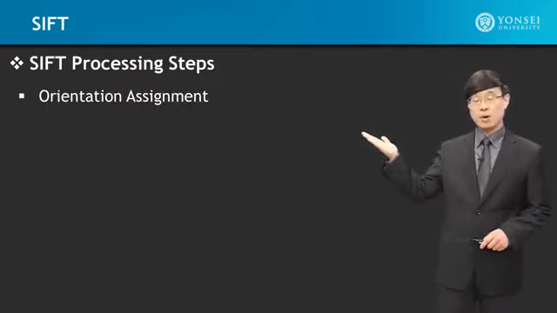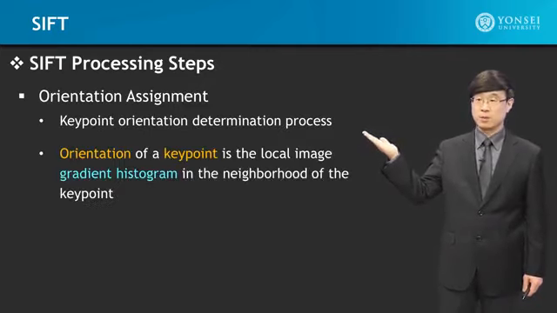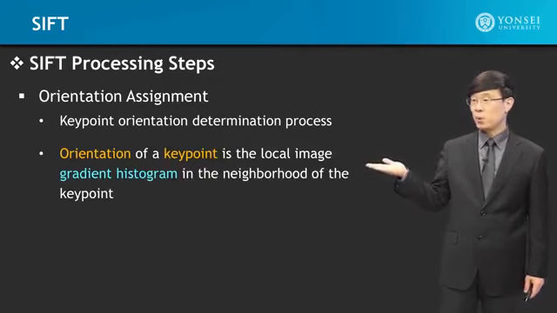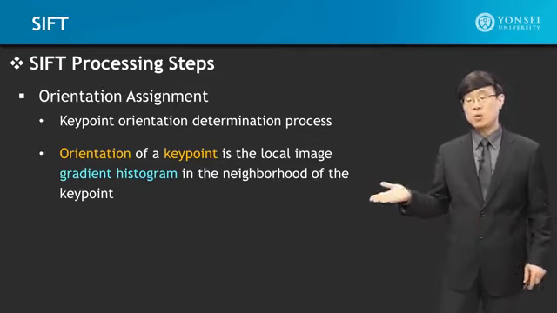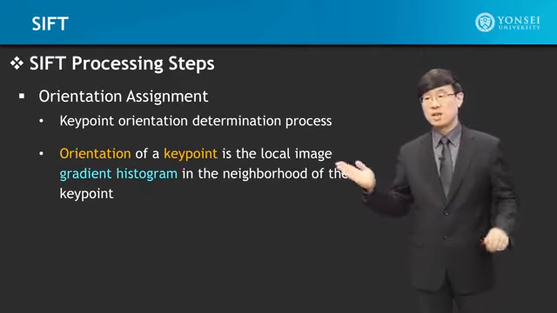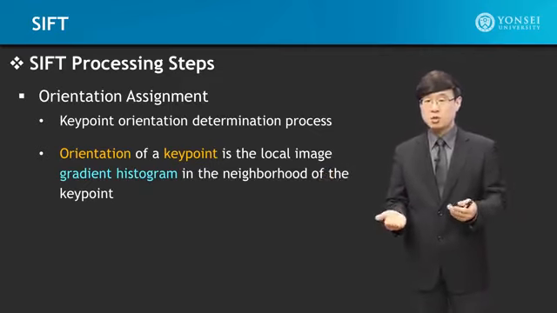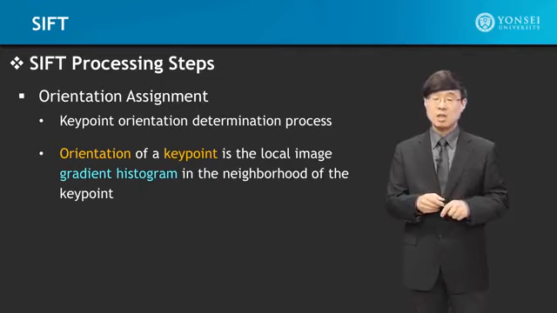Then we have the orientation assignment procedure, where key point orientation determination is what we're trying to do. Orientation of a key point is the local image gradient histogram in the neighborhood of the key point. What is the gradient doing? The gradient is showing you the rate of change. The histogram is a graphical technique that shows you where the amount of change is largest and smallest.